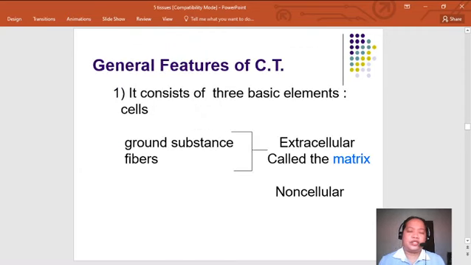So what are the general features of connective tissue? It consists of three basic elements: the ground substance, the extracellular matrix, and the non-cellular type.